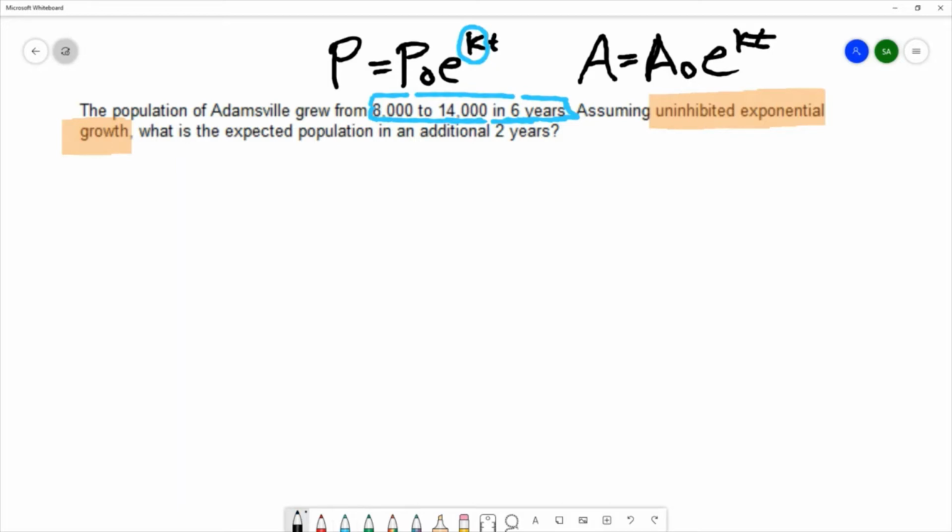This formula, P equals P naught e to the kt. Let's go over what each one of these stands for. P naught would be our initial population.